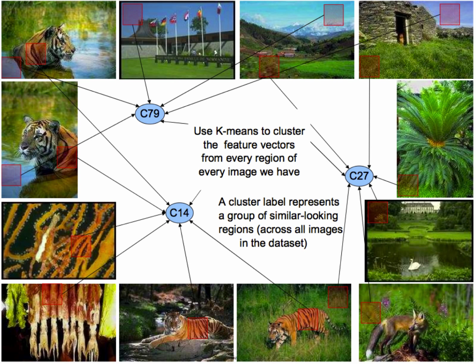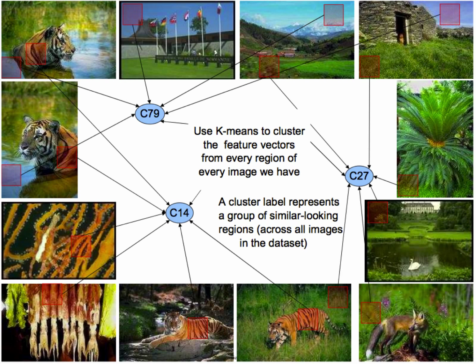So maybe all the patches that have blue in them end up in cluster C79. That patch of water, it'll be in C79. That patch of sky, it's bluish. That patch of sky, that patch of water, they'll all go into C79 because their visual appearance is similar, not because they represent the same object.